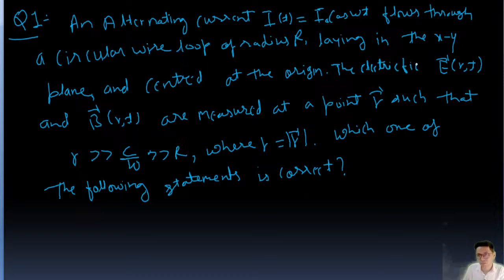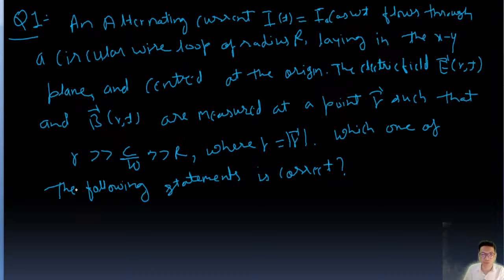The electric field E and magnetic field B are measured at point r, such that r is greater than or equal to c upon omega, and c upon omega is greater than or equal to R. Okay, so you need to select the correct option, and options are given.